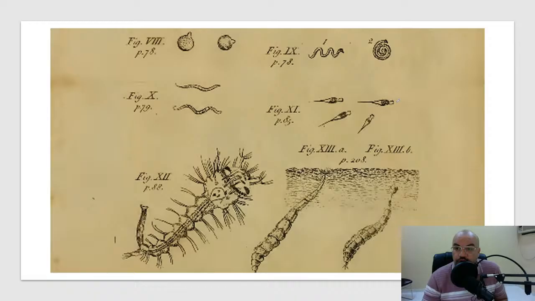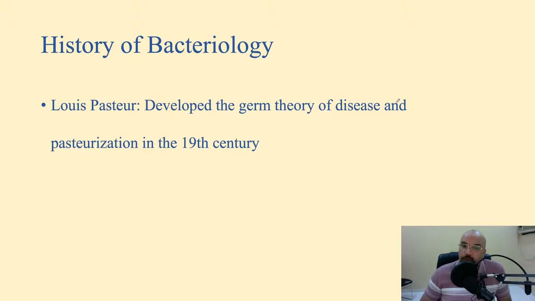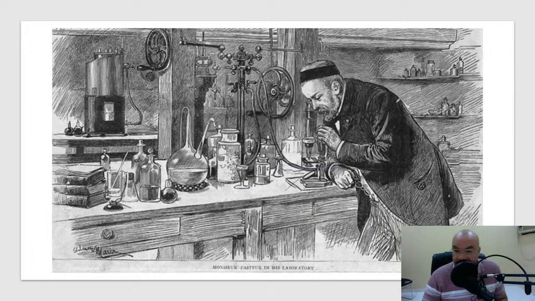The big jump happened with the development of the germ theory, and it was Louis Pasteur who started to initiate this theory, and he discovered pasteurization, أو البسترة هنسميها بالعربي, in the 19th century. Then this is the portrait of Louis Pasteur, how he was working in his lab isolating and defining the bacteria.